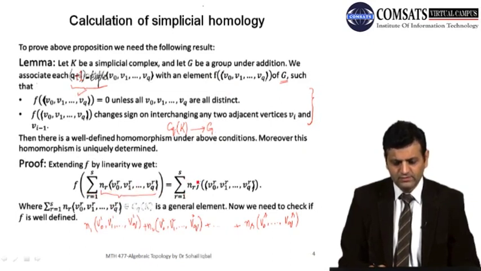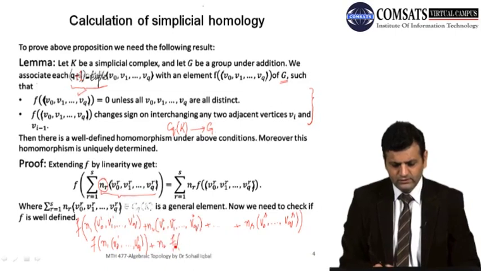Linear means that I can take out these coefficients and F is applied on the tuples. If I apply F on this combination, in the first step I distribute F over the addition of these elements, and then I take out each integer outside F. So that's what it means that we are extending F by linearity.